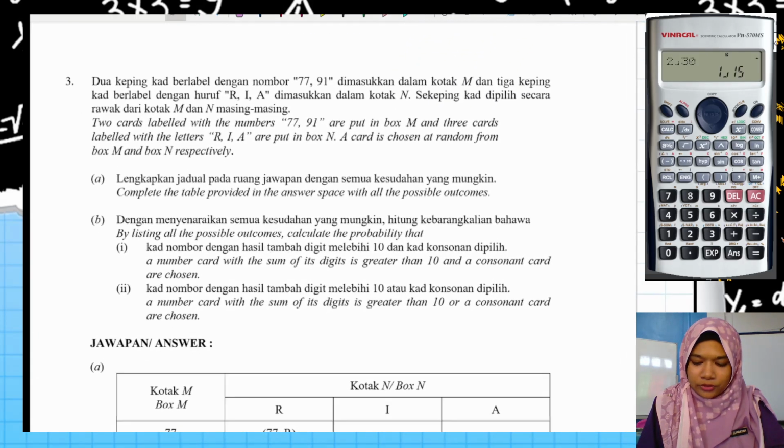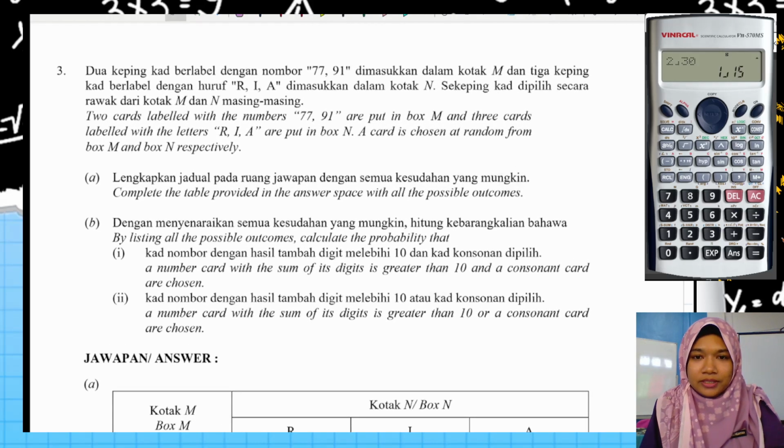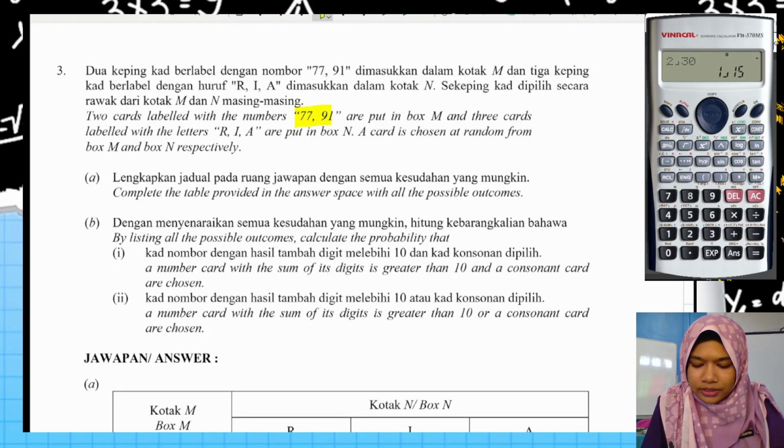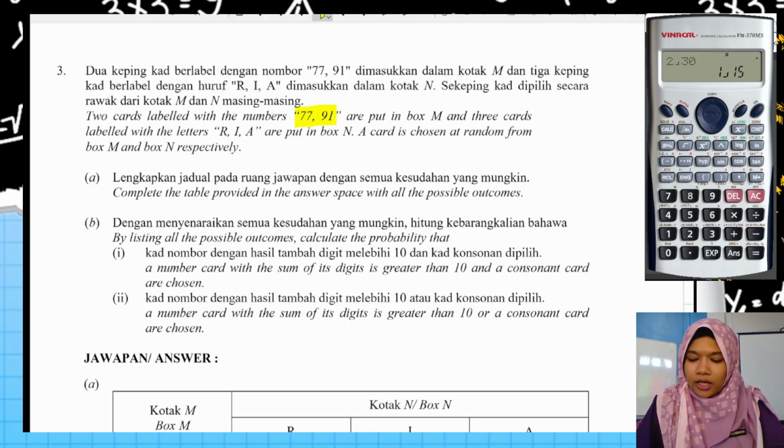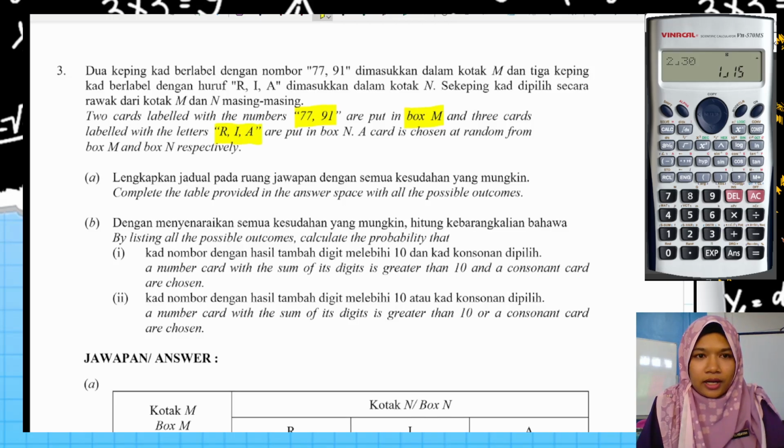Question number 3. Look at question number 3. Okay, kita baca dengan hati-hati. Read carefully. 2 cards labeled with numbers 77 and 91 are put in box M. Okay, ada 2 card, 77 and 91, put in box M. And 3 cards labeled R, I, A are put in box N. Okay.